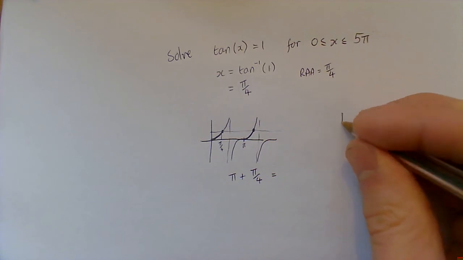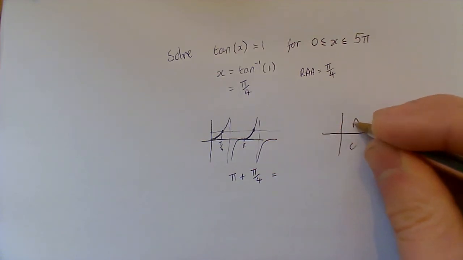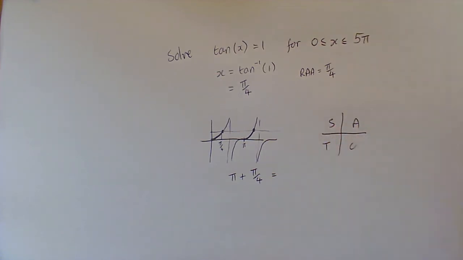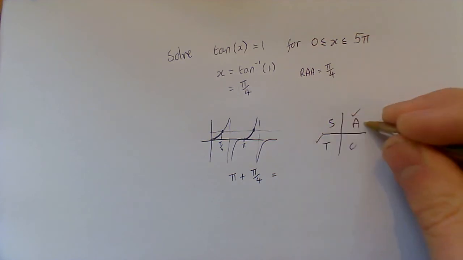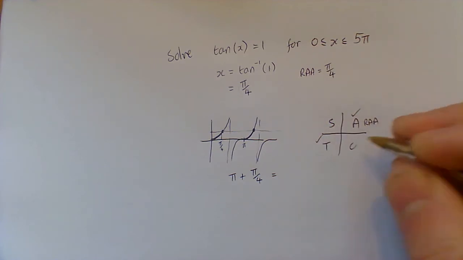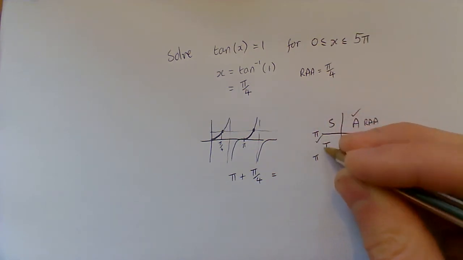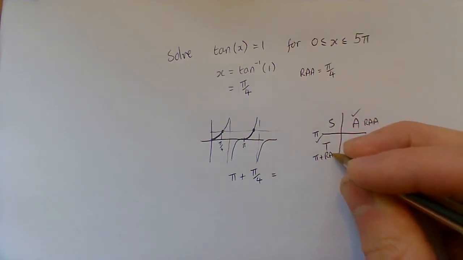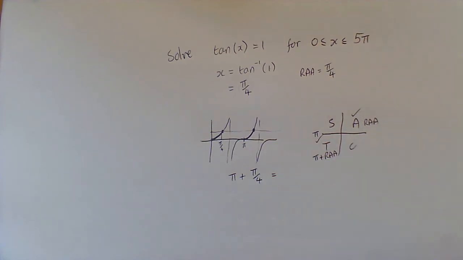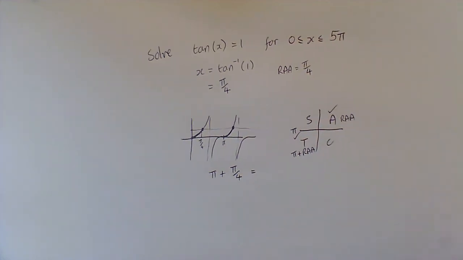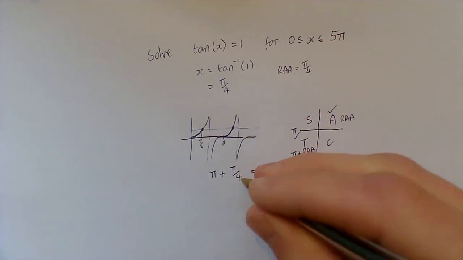We get exactly the same result if we used our cast diagram, because we've got tan being positive, which happens up here and here. Well, this is our relative acute angle. This is pi. So to be in this section down here, is pi plus our relative acute angle. So that gives us exactly the same thing as we had here.